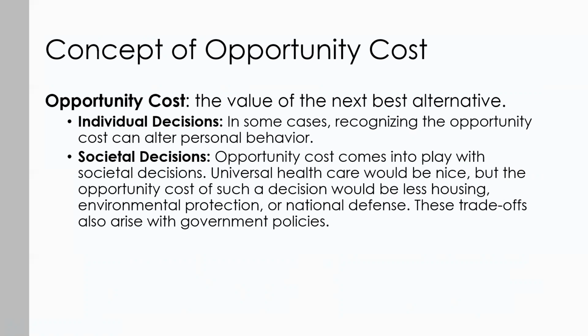But as to societal decisions, this is what we focus on in our macroeconomics. Opportunity cost comes into play with societal decisions like this one. Universal health care would be nice, but the opportunity cost of such a decision would be less housing, for example, or less environmental protection, or less budget for national defense. So these are the trade-offs that arise in terms of a government policy.